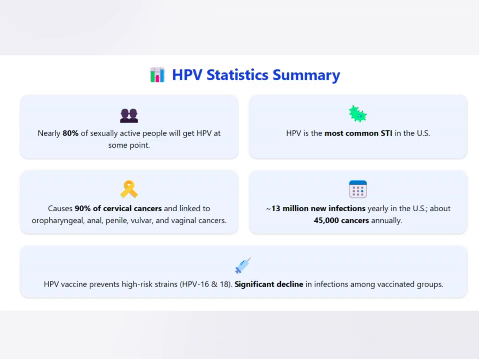It causes, I think, about 70% of oropharyngeal cancers. That's cancers of the mouth, neck, and throat. There are 13 million new infections every year and 45,000 cancers annually. Sorry.